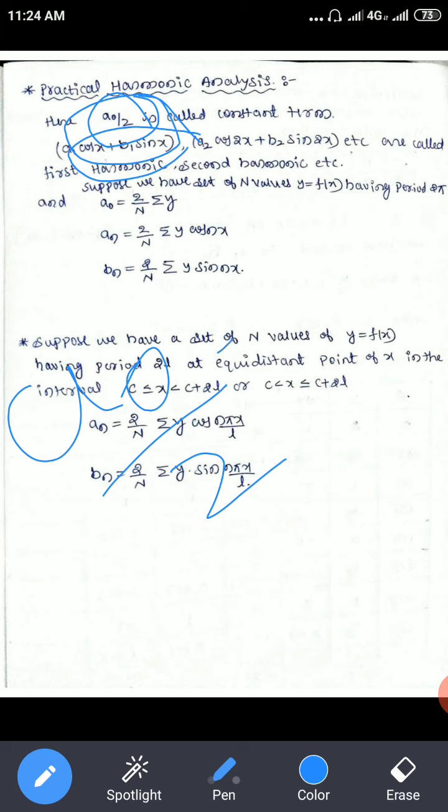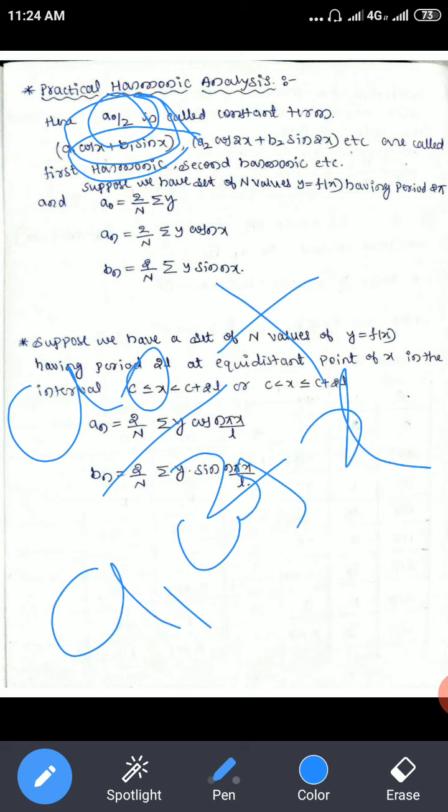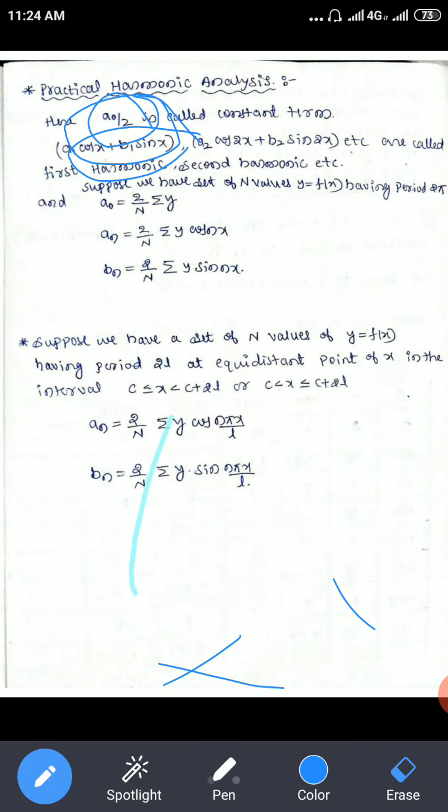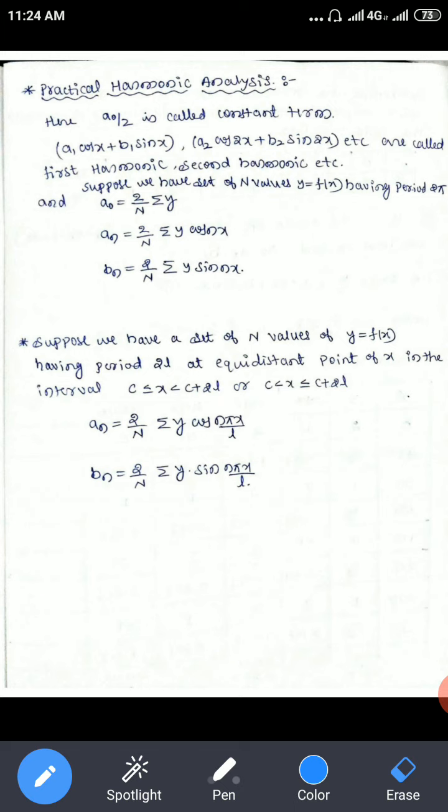So a naught by 2 plus a1 cos x plus b1 sin x is called the first harmonic. With that, a2 cos 2x plus b2 sin 2x is called the second harmonic.